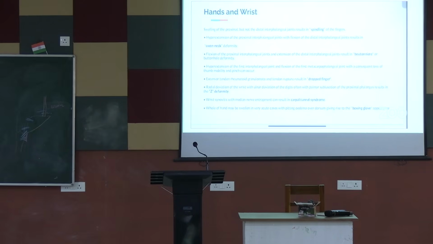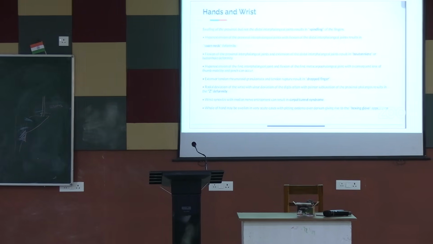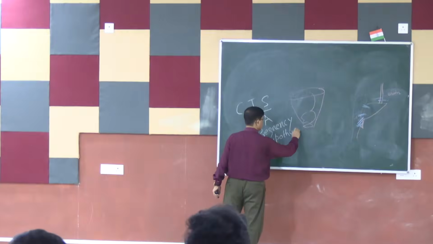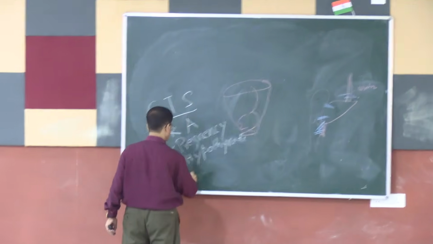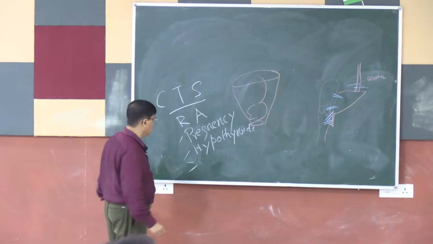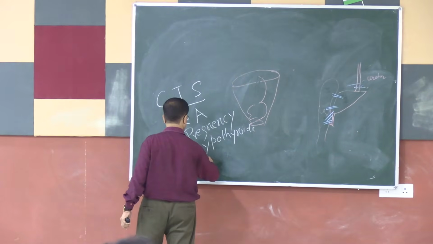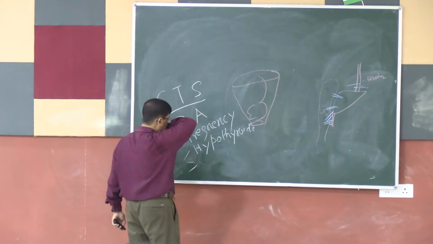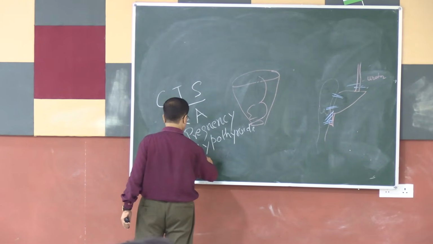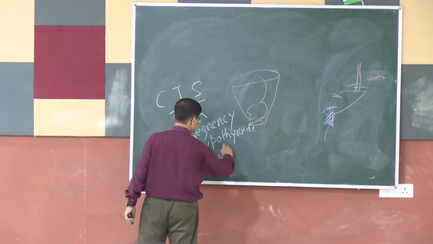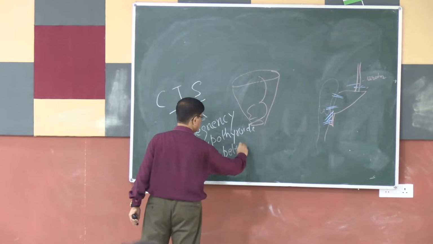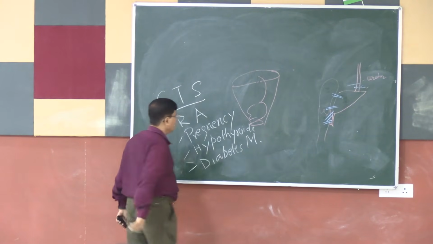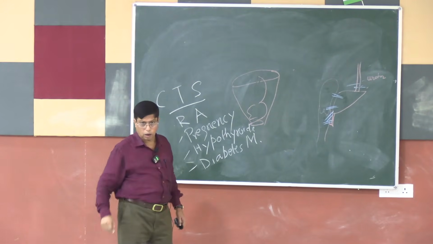It can occur in hypothyroidism. It occurs in many diseases actually. So, rheumatoid arthritis, pregnancy, hypothyroidism, you will have to remember, and it also occurs in diabetes mellitus. This is a common cause of carpal tunnel syndrome.